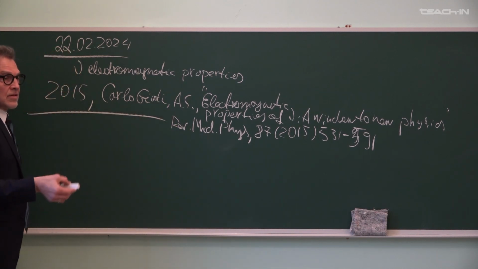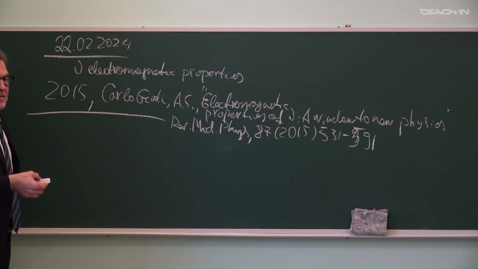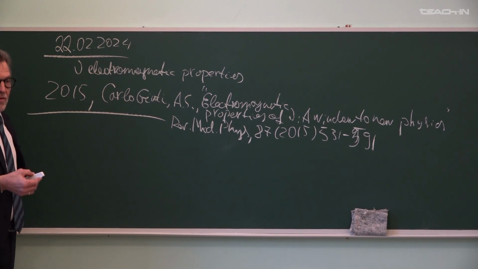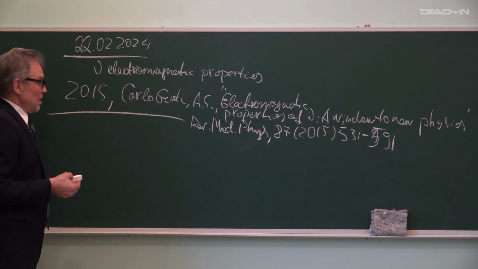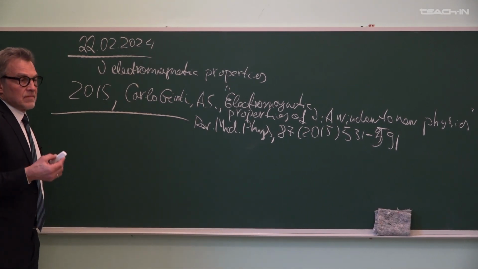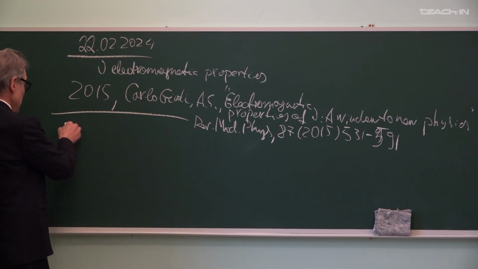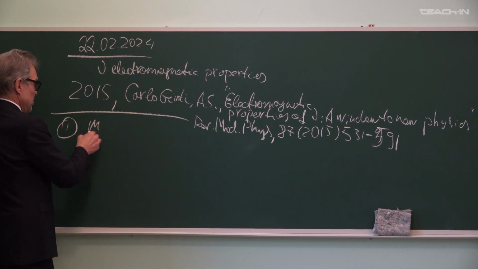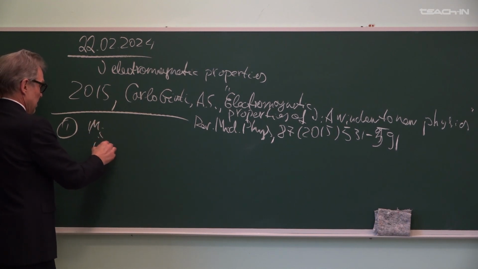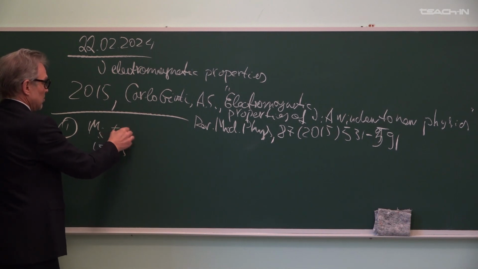So just to start continuing calculations that we performed last time, I would like, for newcomers, to recall the present fundamental knowledge about the properties of neutrinos. First, we know that the mass of neutrino, i equal to 1 to 3, is not 0.